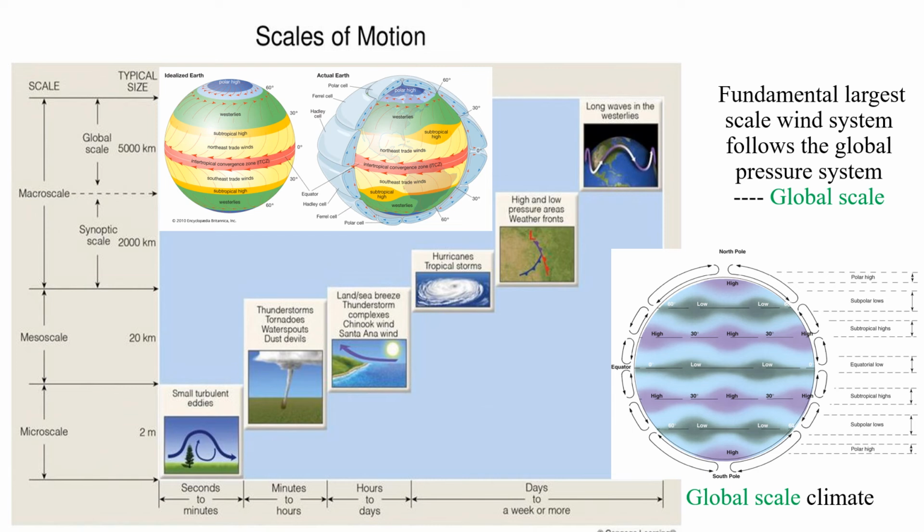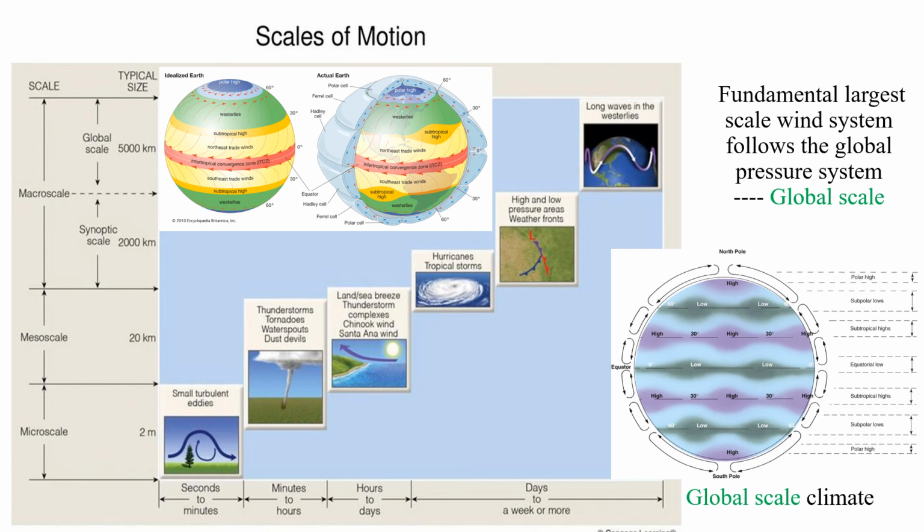So if we summarize the different types of scale, we can say small turbulence and eddies cause the microscale, and thunderstorms, tornadoes, waterspouts, dust devils are mesoscale, and hurricanes, tropical storms, high pressure and low pressure systems, and different types of depressions, tropical depressions, fall into the synoptic scale.